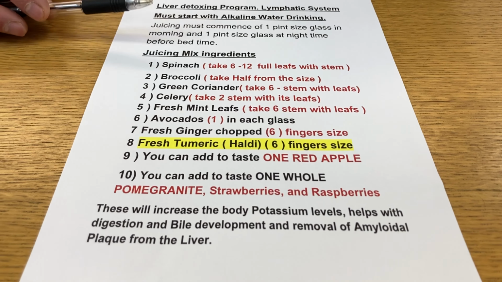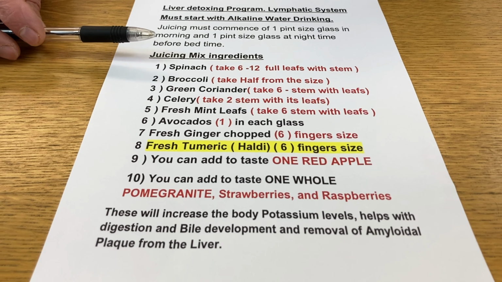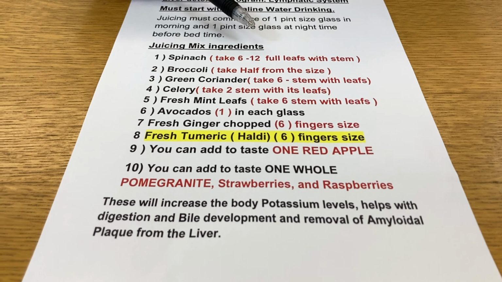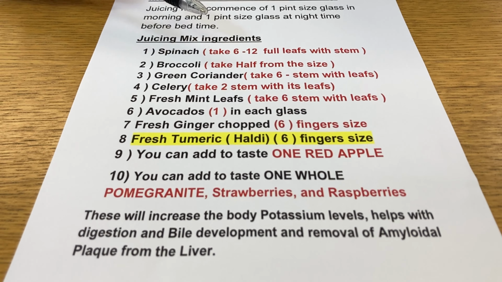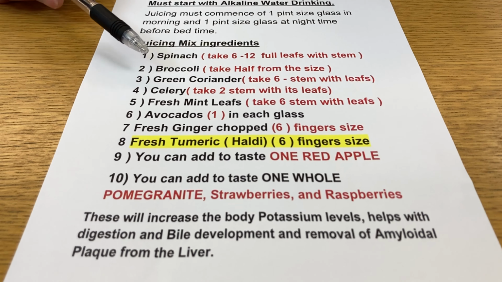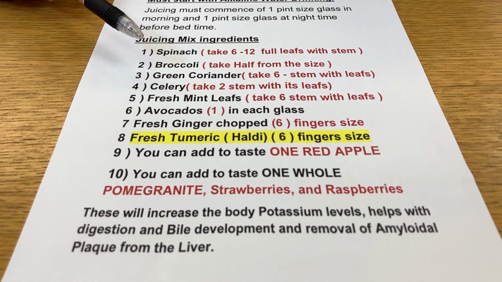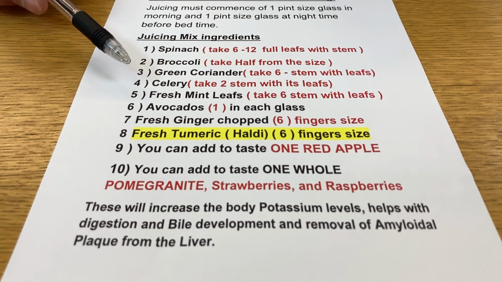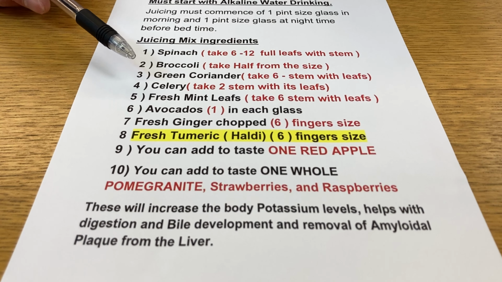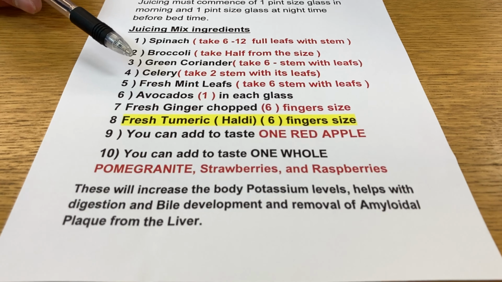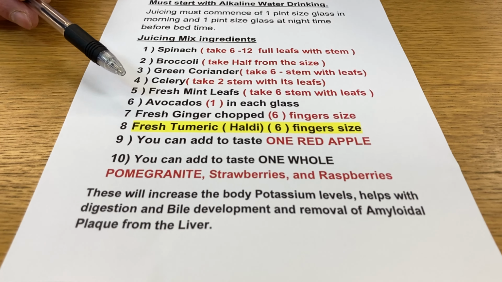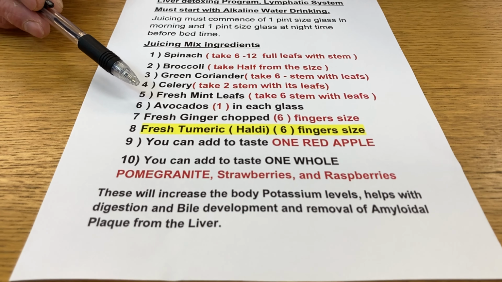If you look at the simplicity of this, you have spinach, you can take 6 to 12 leaves of that. Broccoli, you can take half a broccoli, chop it up. Coriander, you take 6 stems with the leaves. Celery, you take 2 stems with the leaves. Fresh mint, take 6 stems with the leaf. Avocado, take a whole one, chop it all up.